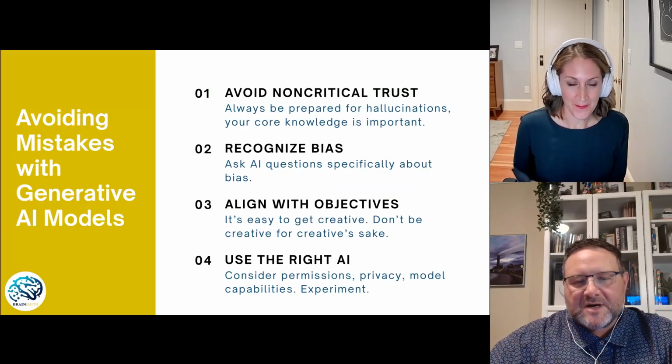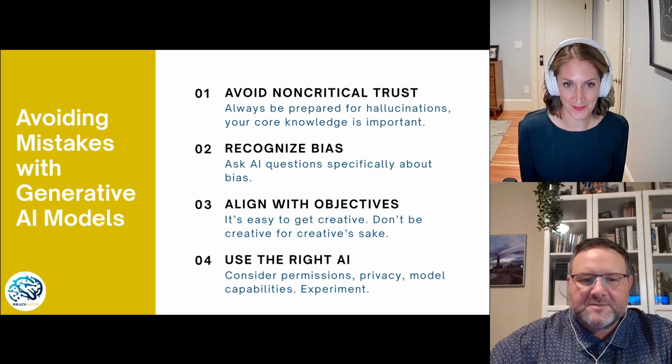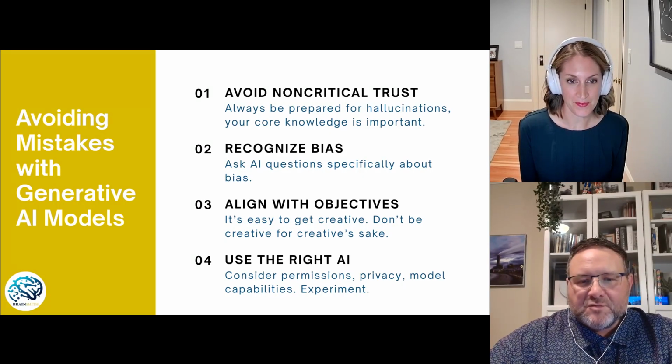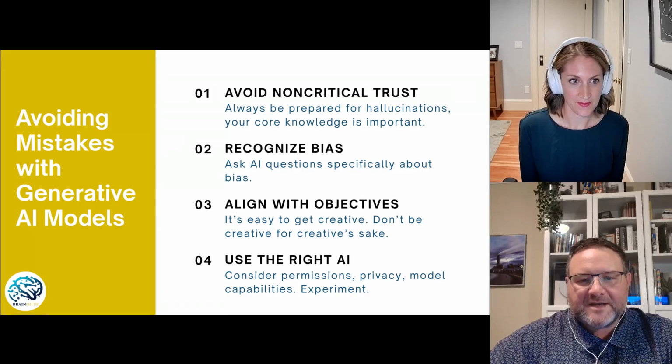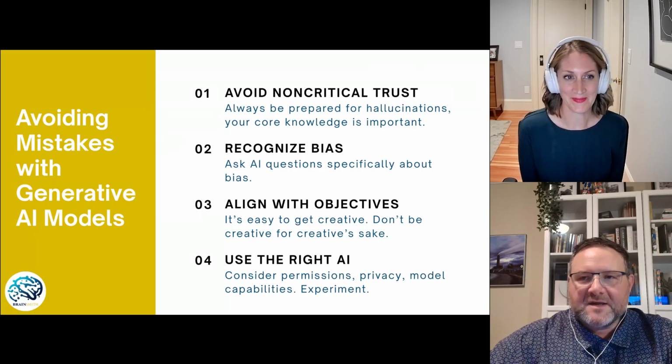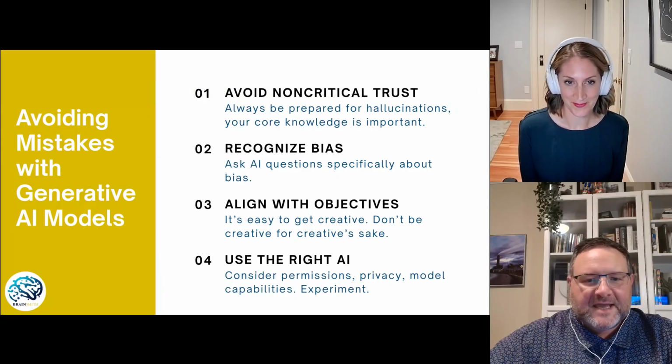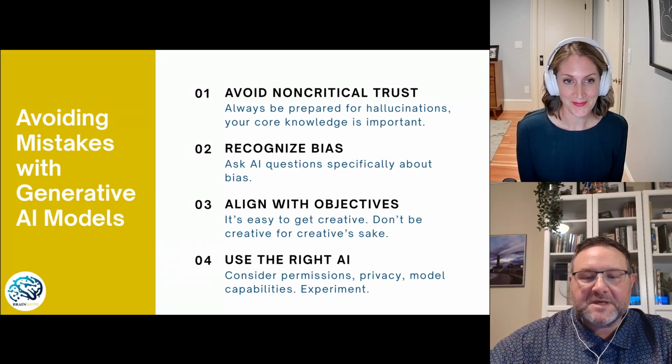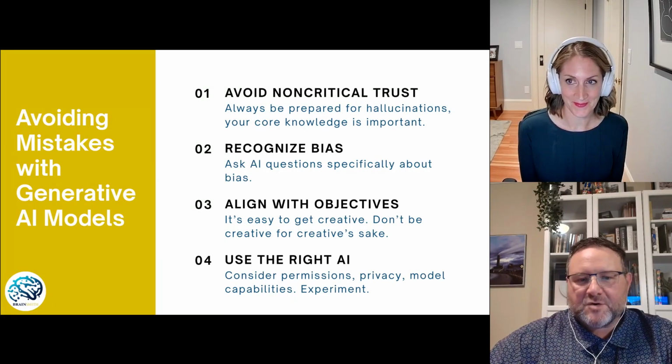As we get into our examples, there are a few things you want to keep in mind to avoid making some mistakes. One of them is to not be critical, right? Don't trust them without checking and verifying. You want to scan it, review it, keep the human in the loop, and understand that your core knowledge is important.